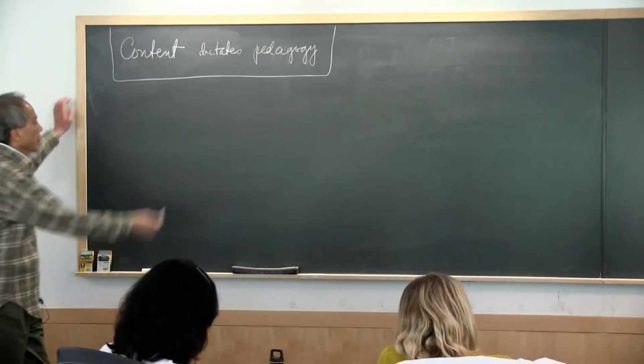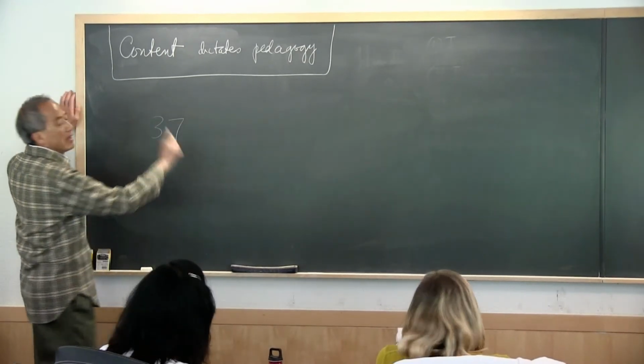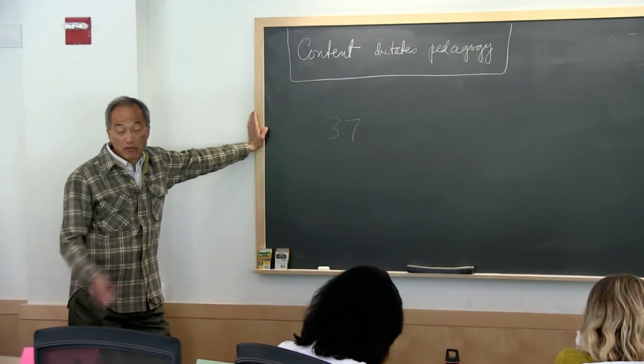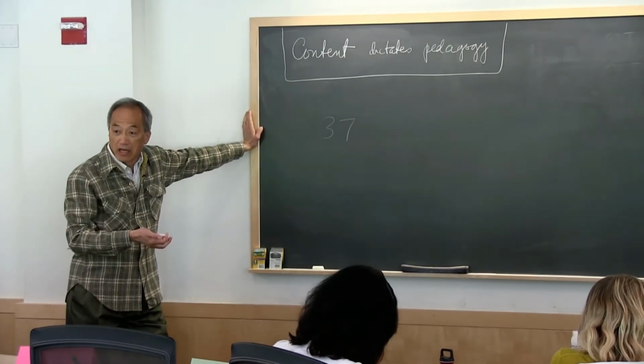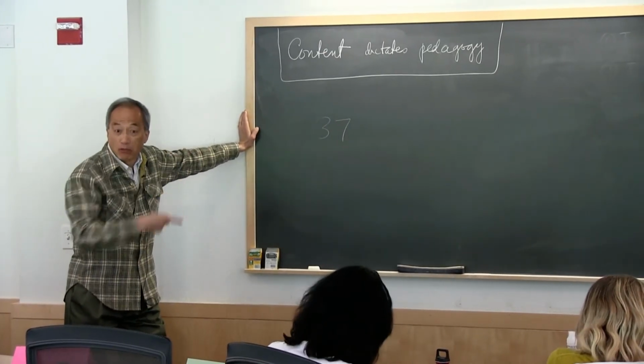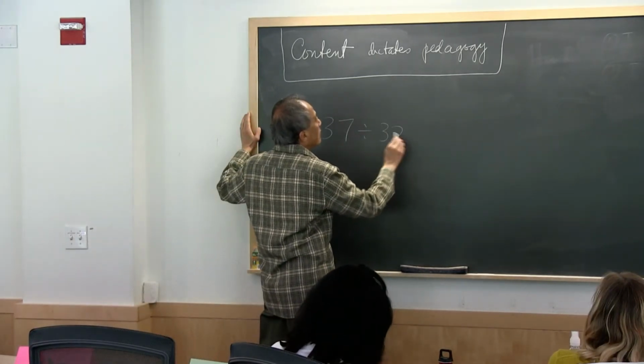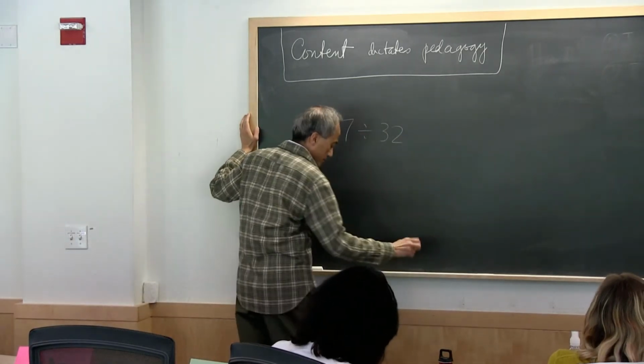Right? So 37. What Annie was saying was that I want to find out what number that is. So basically you have to know which row it would be, right? So you divide by 16. How many 16s?